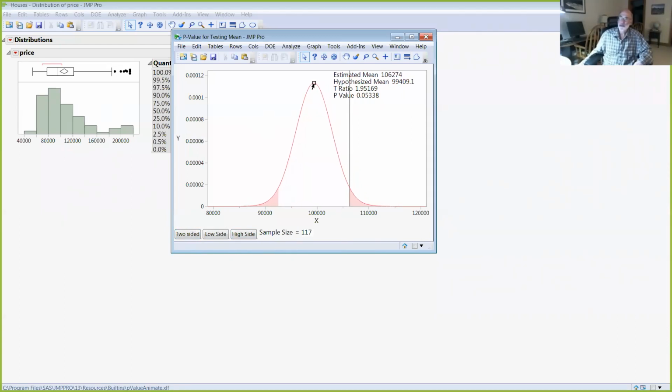As I move this further and further away from what we found, the more convincing my evidence is. Could it be that the real mean is 98,000? Well, there's only a 2.1% chance we could be this far away on either side for a two-sided test from that mean of 98,000. So the further away our evidence is from what we're testing, the more likely it is we're going to say we have enough evidence to basically say we don't really believe that hypothesis.